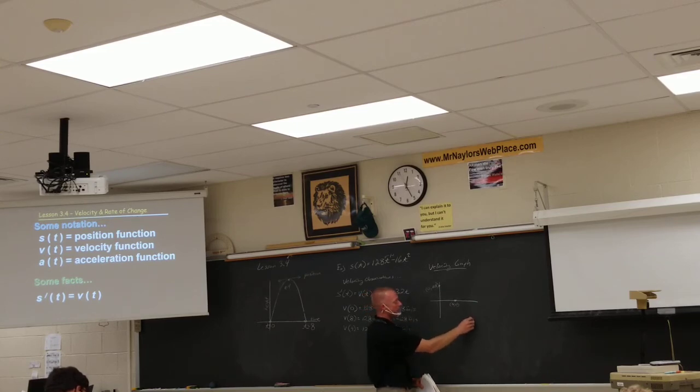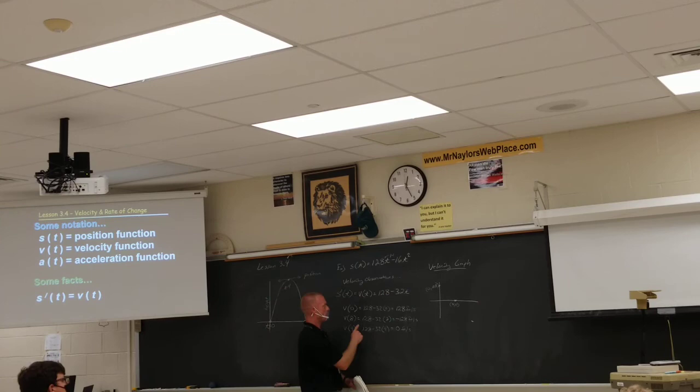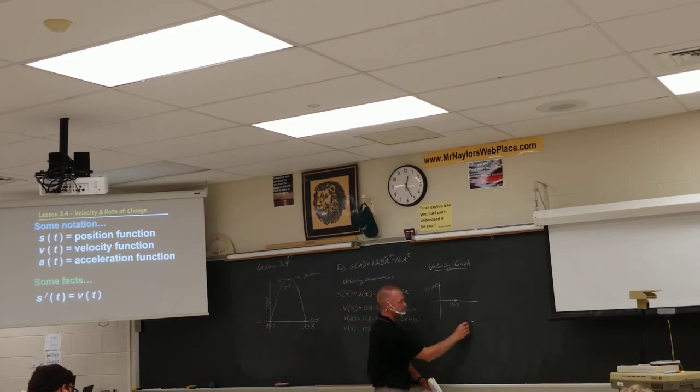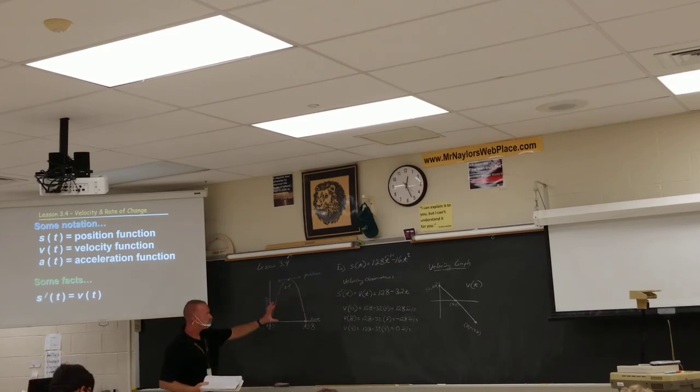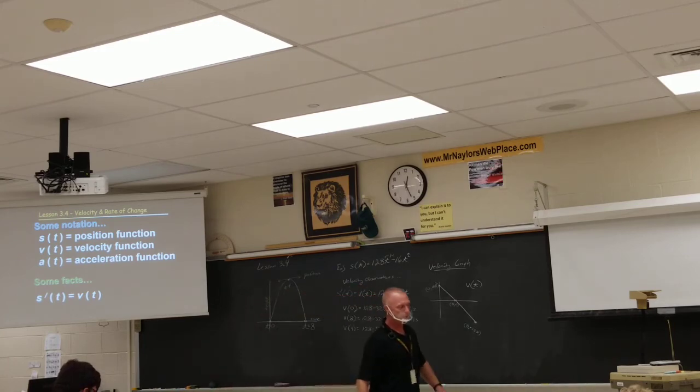And then there's one more point that I have. Of course, it was the one when I'm at 8, I have a negative 128. Now, maybe that looks familiar, maybe it brings back good or bad memories, but that is the velocity graph of this position graph.